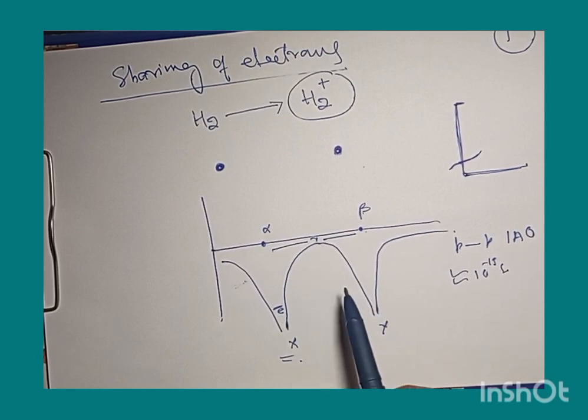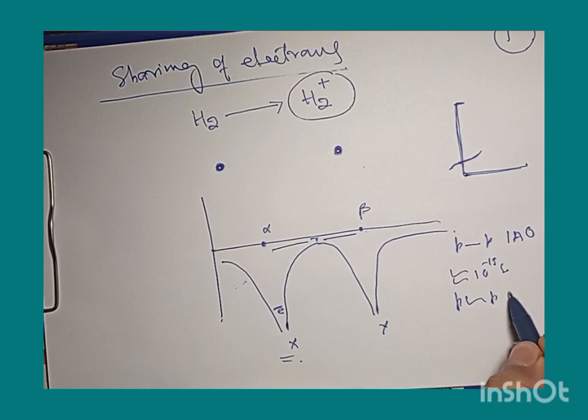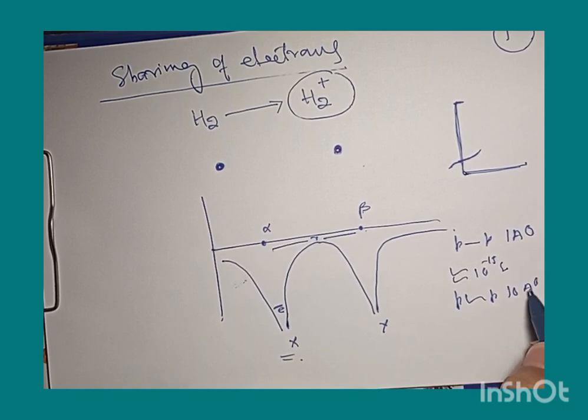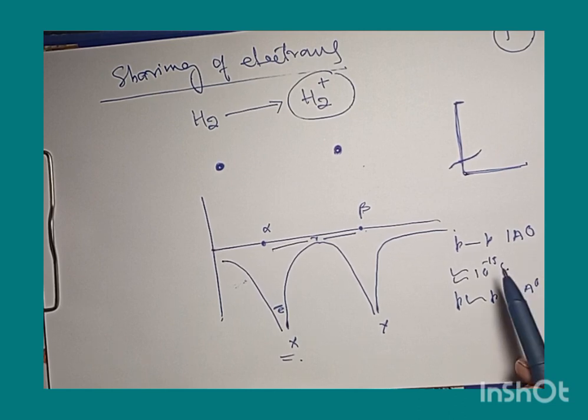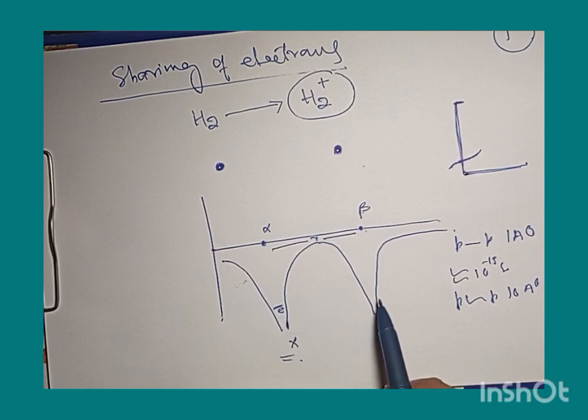Now, if the proton-proton distance is nearly 10 angstrom, in this case, the electron shifts across an average of only about a second.